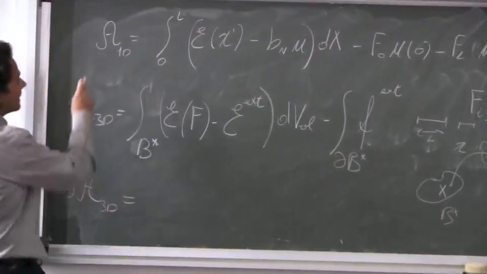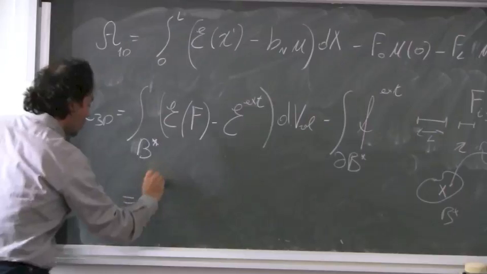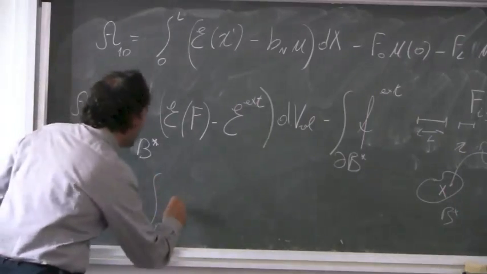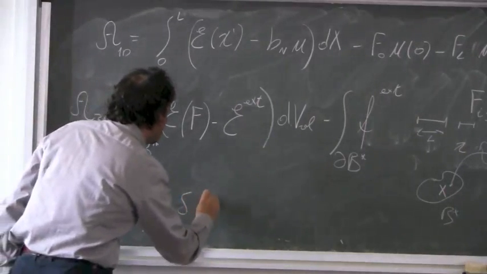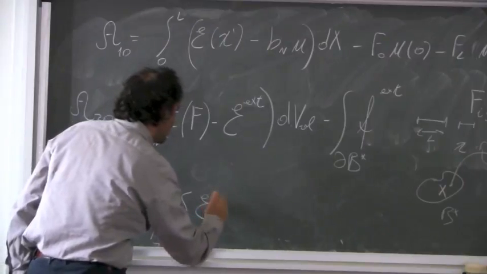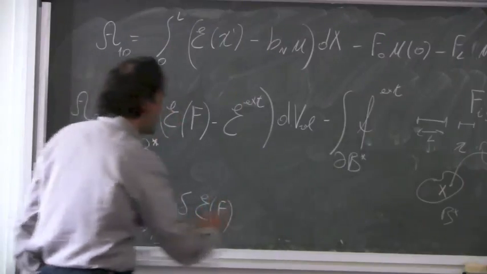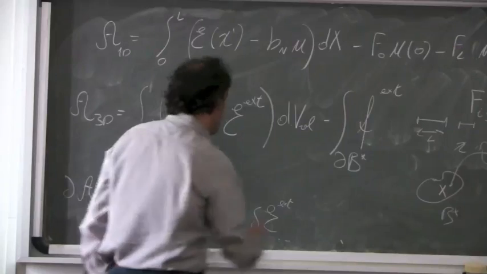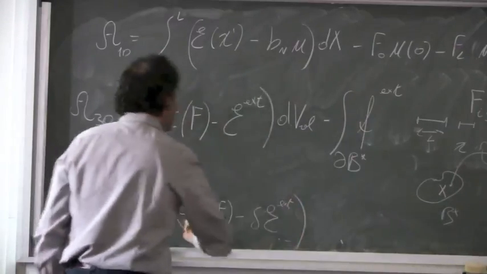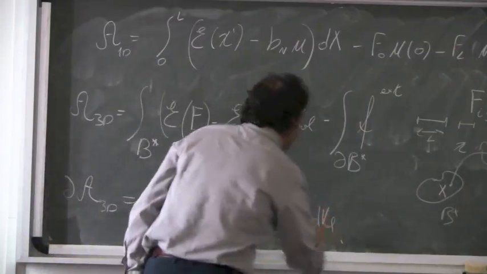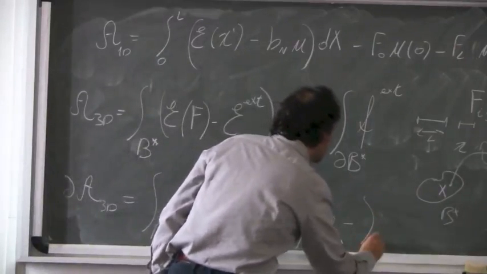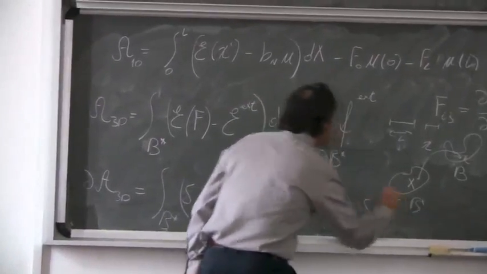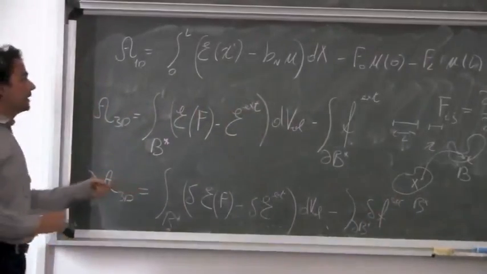The variation, in the same way as we did before, goes inside the sign of integration, and we have the variation of E, that is a function of F, minus the variation of the external energy, minus the integral over the surface of the variation of fx. This part we keep.